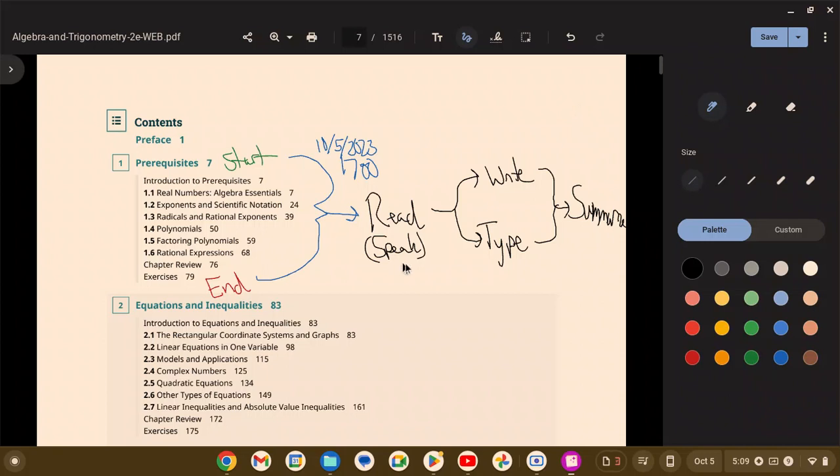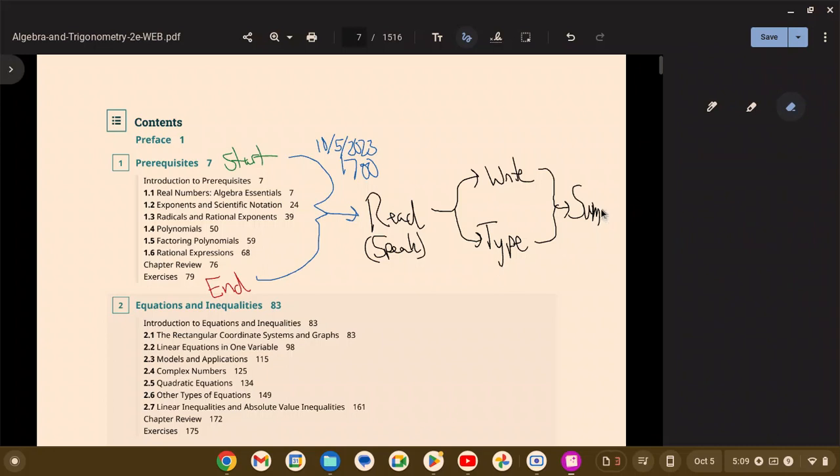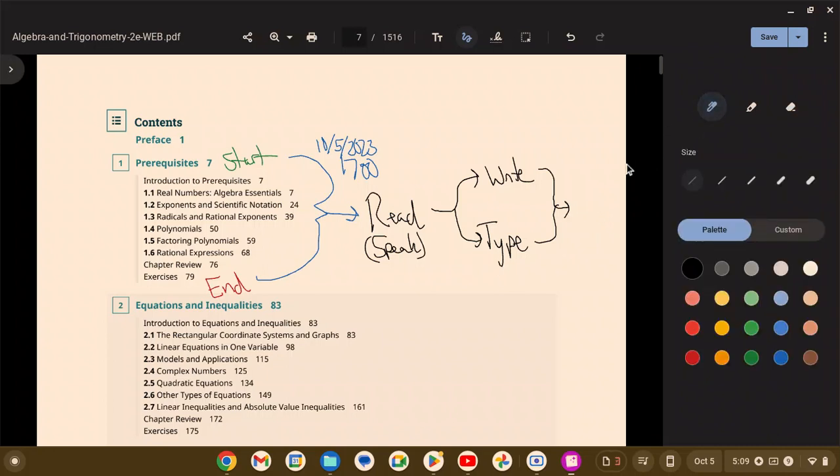Actually, let's rewrite that. Let's pop that.